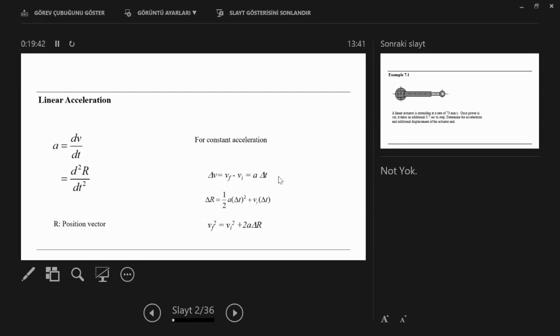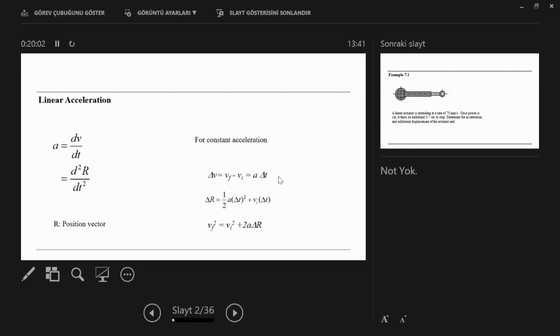Yes, the same result. So if we use the simple way, delta S is equal to one half A T squared, which comes again from the equations.